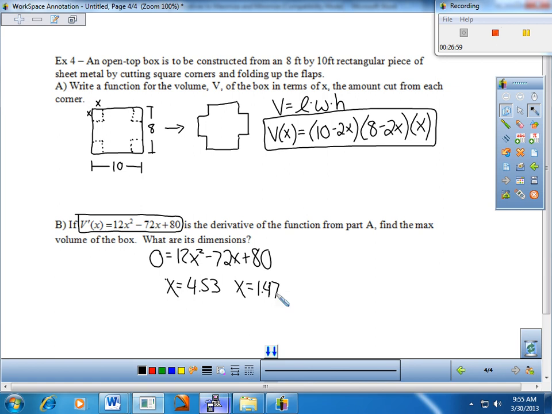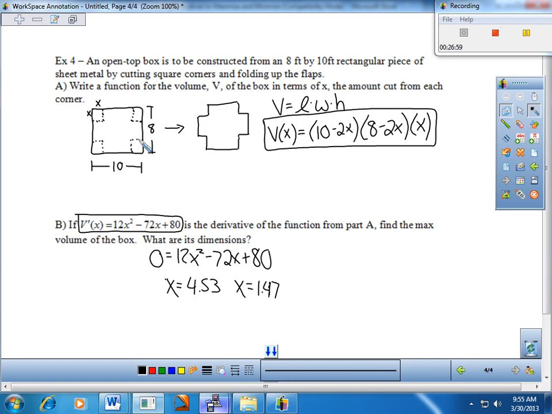Okay, now this is absolutely perfect. Here's the only thing. I need to determine which is going to produce the maximum. So do I want the x value to be 4.53 to produce the best volume possible? Or do I want the x value to be 1.47? Well, there's only one way to find out.